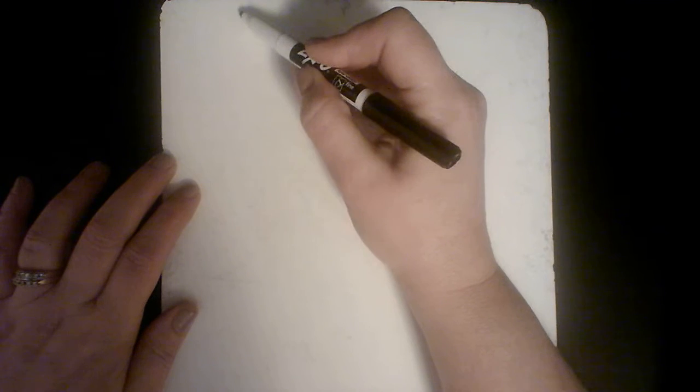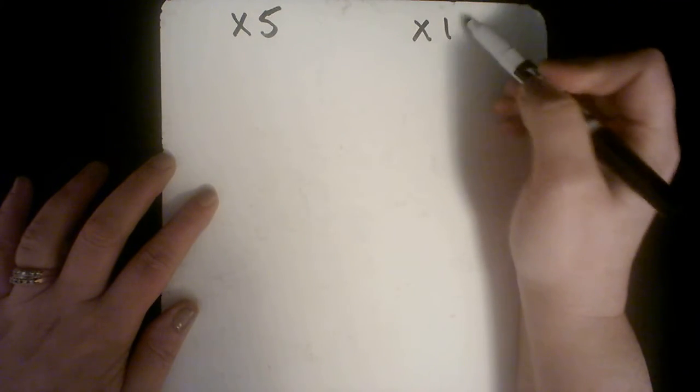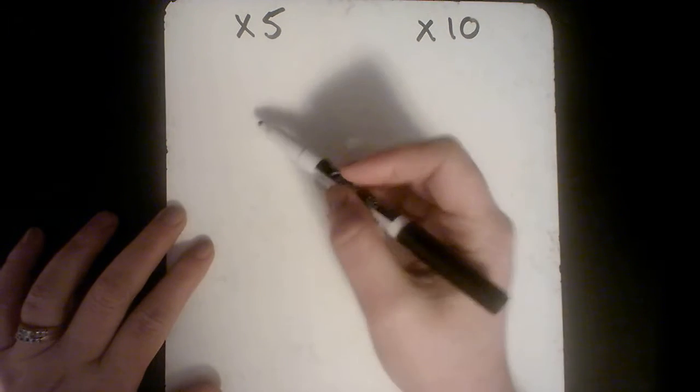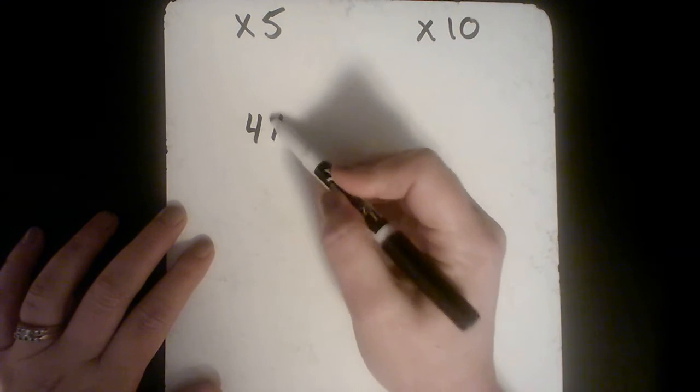So if we have groups of 5 or groups of 10, then it makes sense that we are using skip counting by 5s or skip counting by 10s. Let me show you what I mean. For example, 4 groups of 5.